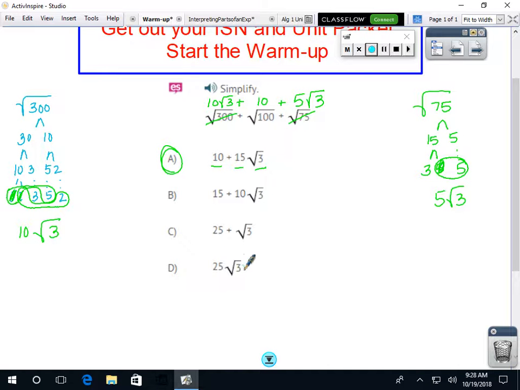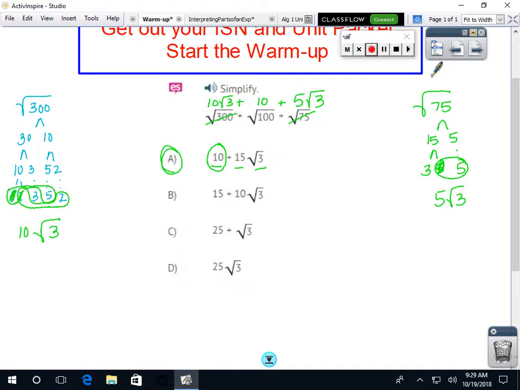But what I was more thinking of is when I first looked at this and I immediately saw that the square root of 100 was 10 and that these two were not perfect squares, so they were not going to become whole numbers, I pretty much know that it has to have a 10 in it. This one does, but it's part of a radical, and this should not be part of a radical, should it? Because it's a perfect square. So right away, when you see that that's a perfect square and the other ones aren't, you know that it has to be A because it's the only one with just a constant value of 10 in it. Does that make sense?